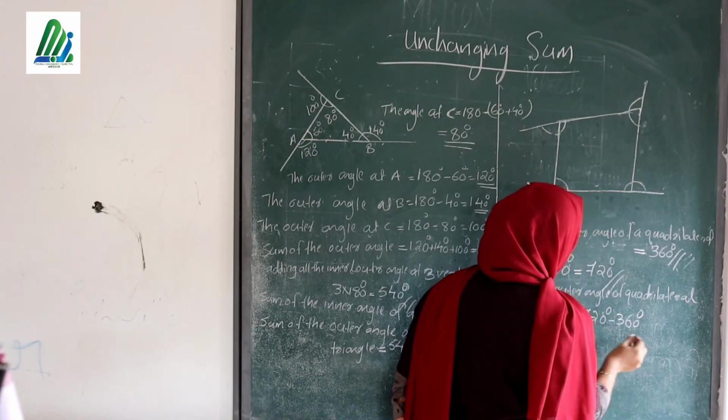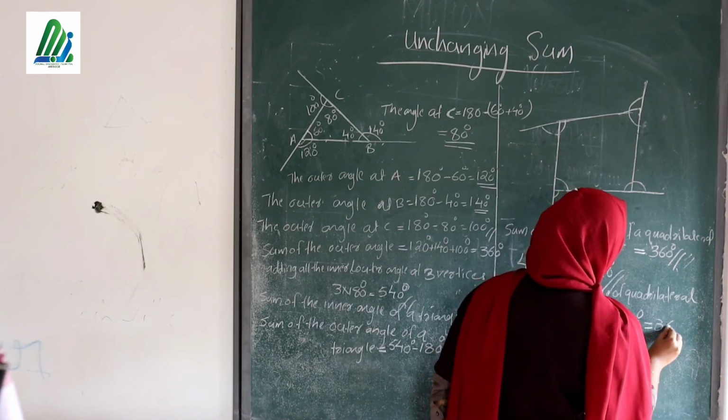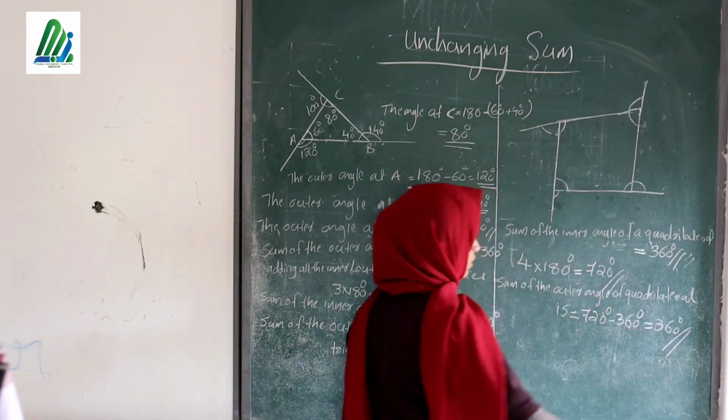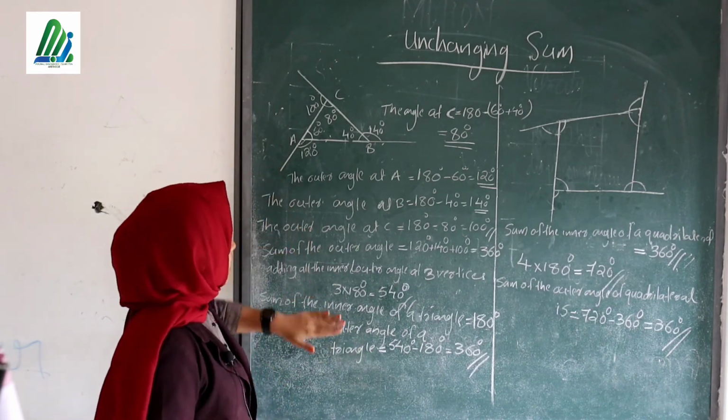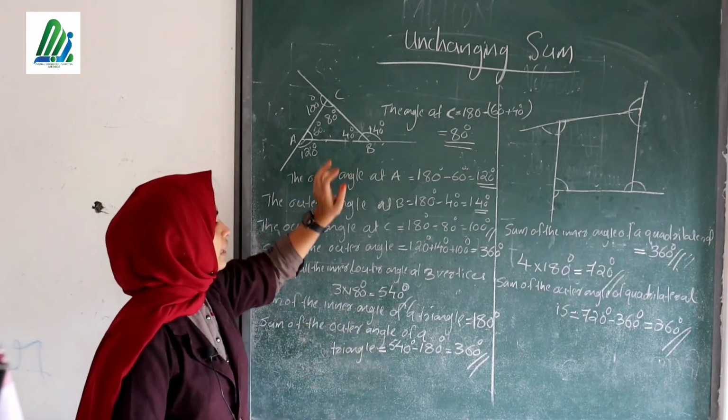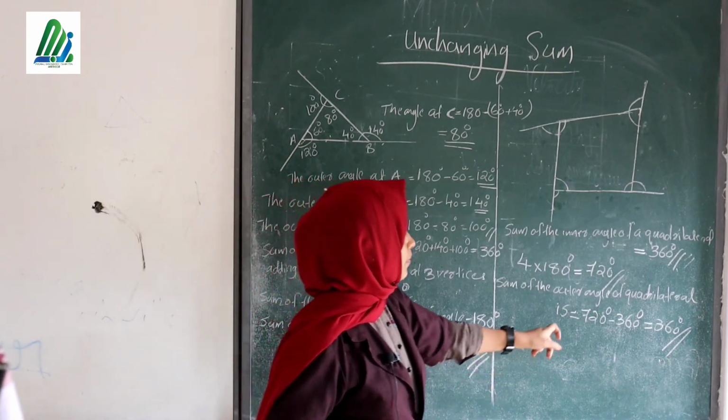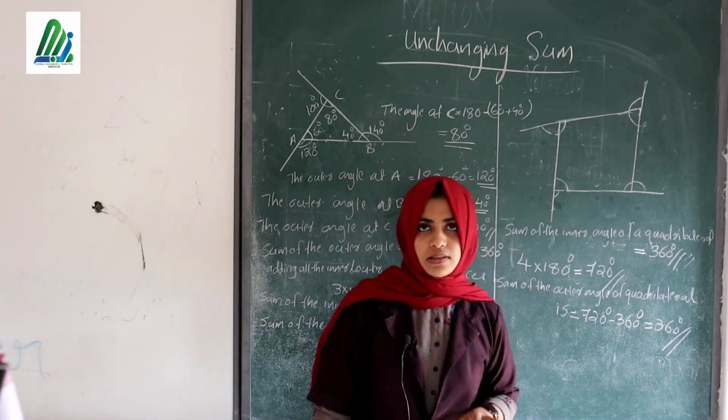So we get 360 degrees also. From both of these polygons we can understand that the sum of the outer angles of a triangle is 360 degrees and the sum of the outer angles of a quadrilateral is also 360 degrees.